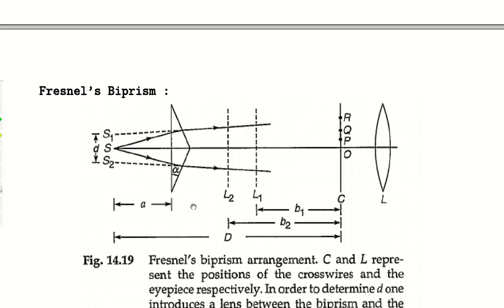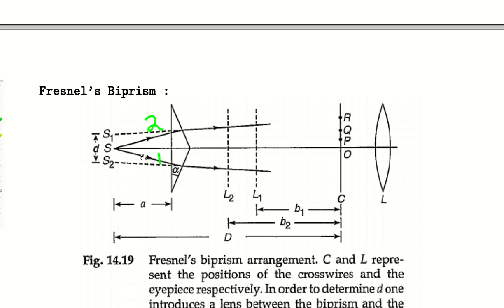How do the interference fringes occur here? See, the rays coming out of S, think of that. See this ray, this is ray number 1, and this is number 2.